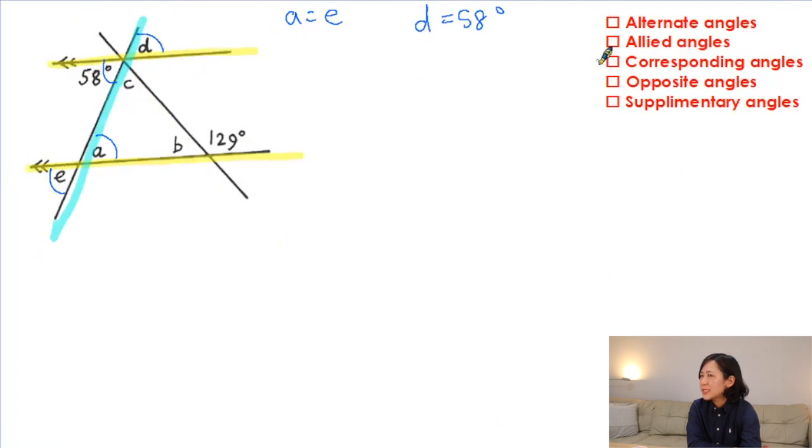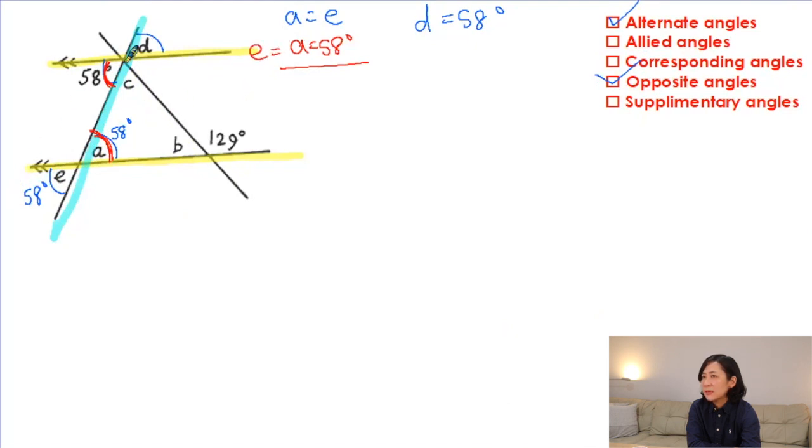As I already said, the alternate angles are not easy to spot, but we know that A is alternate angle with the 58. That's why A is 58. Then directly we know E is 58 as well.